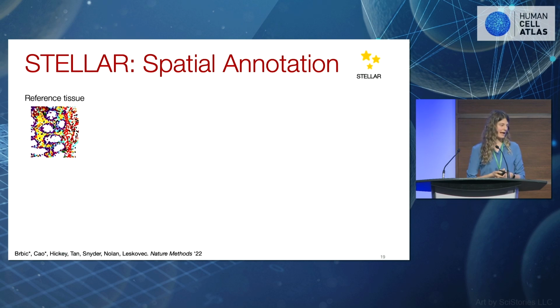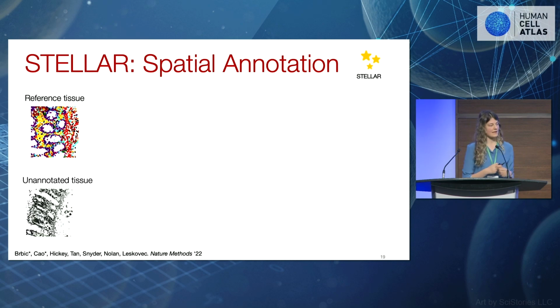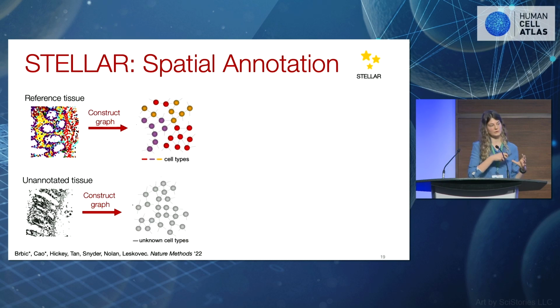In particular, Stellar takes as input the reference label data coming from one spatial data set. It can be either a spatial proteomics or spatial transcriptomics data set. And then we take a data set coming from another donor or a different related tissue, and for this data set, we don't have any annotations. So what we do next is we construct the cell graph based on the spatial proximities of the cells.